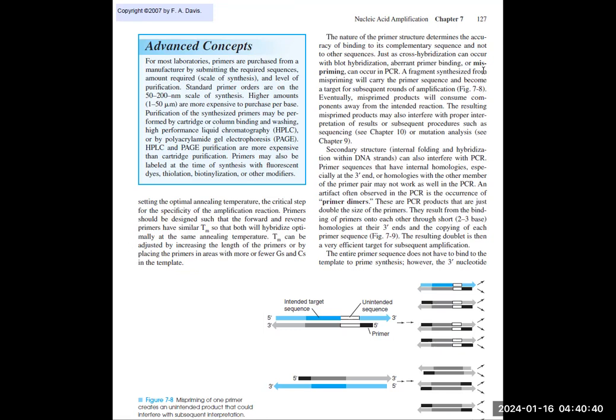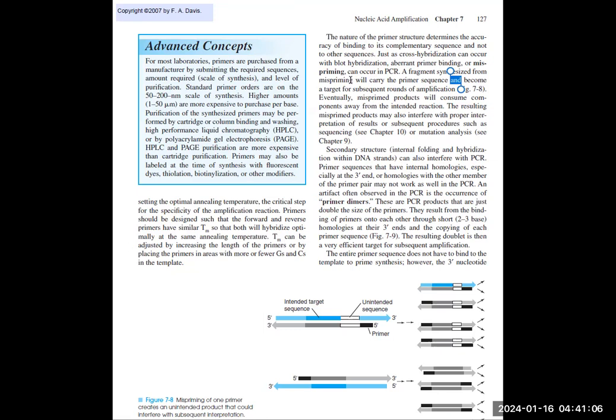A fragment synthesized by mispriming will carry the primer sequence and become a target for subsequent runs of amplification, giving us a false positive result. Actually, it's not supposed to amplify that because it's not the sequence that we're looking for, but there is this aberrant primer binding or mispriming.